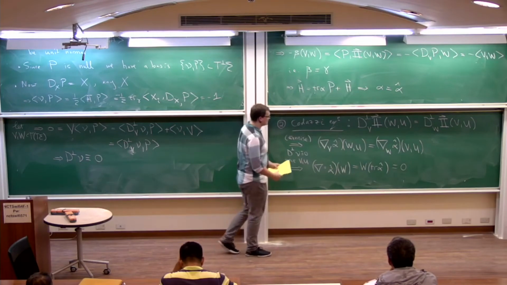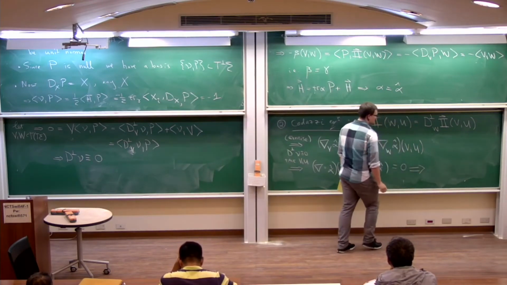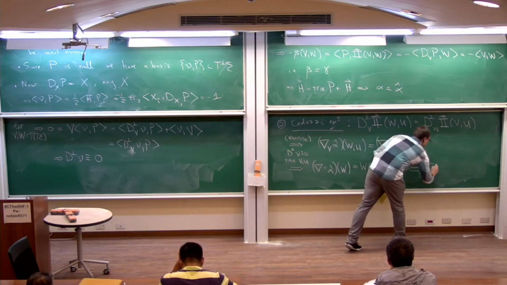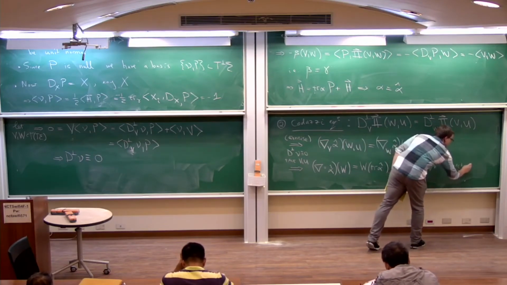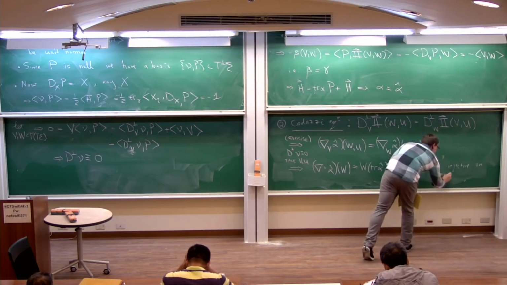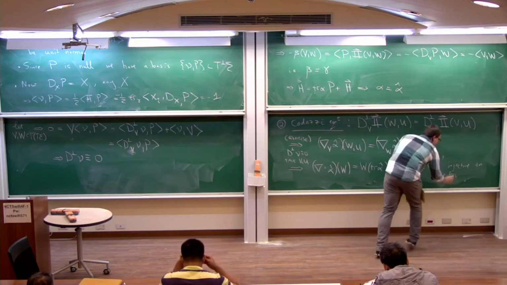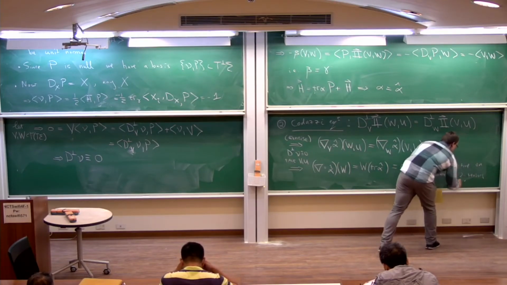And that forces the divergence of a trace-free 2-tensor on S^2 to be 0. But we know this is injective on traceless 2-tensors that are symmetric.